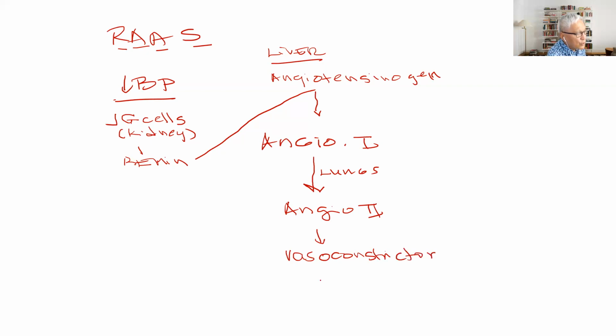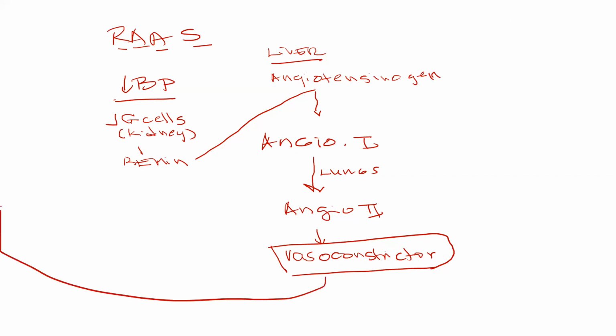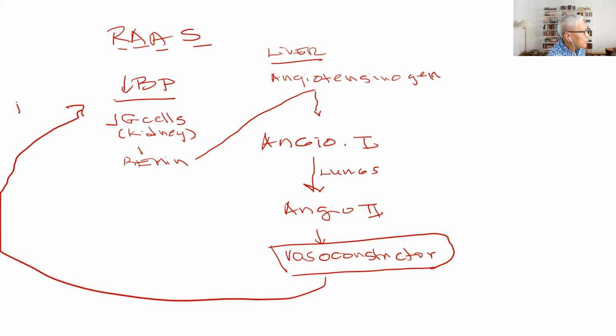And so if you constrict blood vessels, what happens to your blood pressure? Does it increase? Yes. So you correct this problem. You increase the blood pressure. At the same time, this angiotensin 2 is going to activate the release of aldosterone from the adrenal glands.